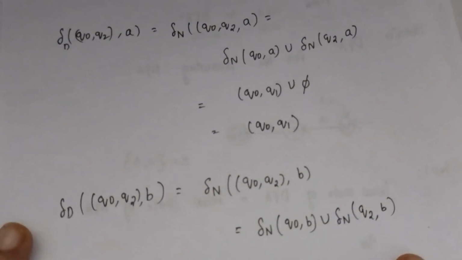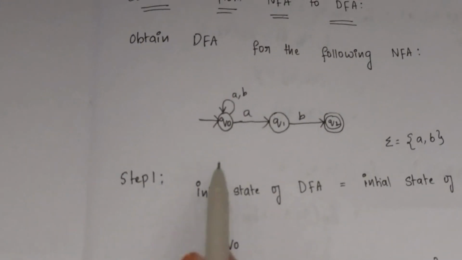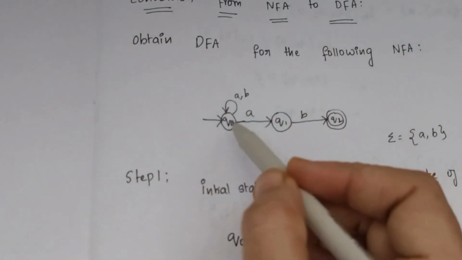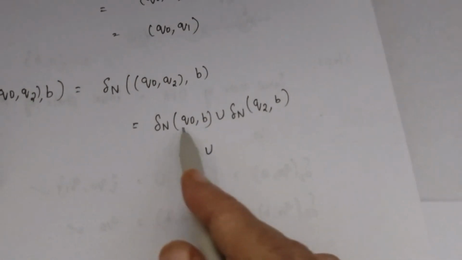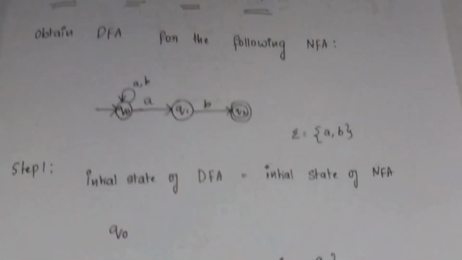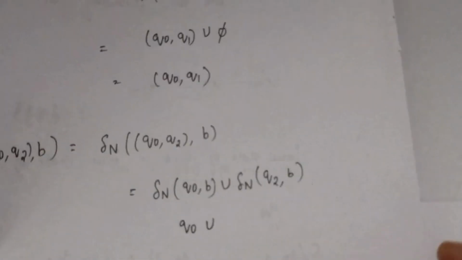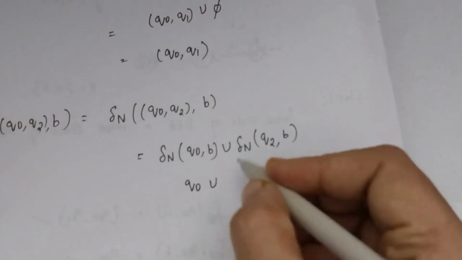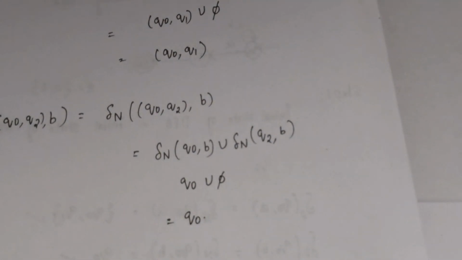Now Q0 on B in our NFA is Q0. Q0 on input symbol B is Q0. So Q0 on B is Q0, union Q2 on B. Next, in NFA, Q2 on B we will check. In NFA, Q2 on B has no transition with B, so it is the null state. So Q0, Q2 on B is Q0 union null, hence it is Q0. Okay. Now this is done.